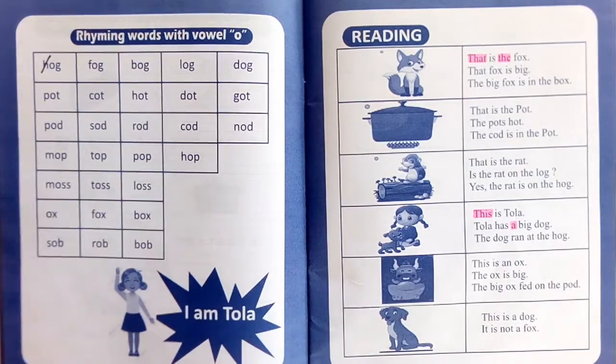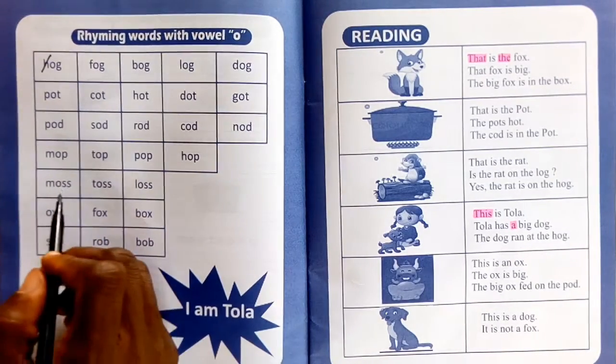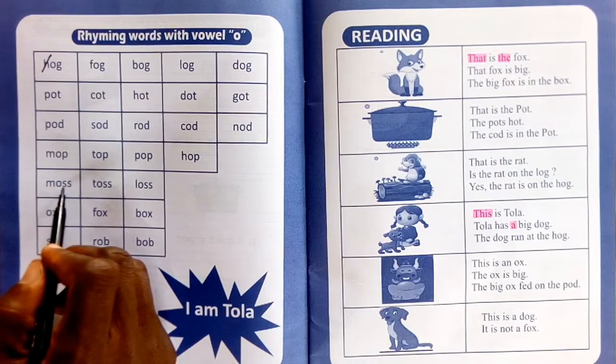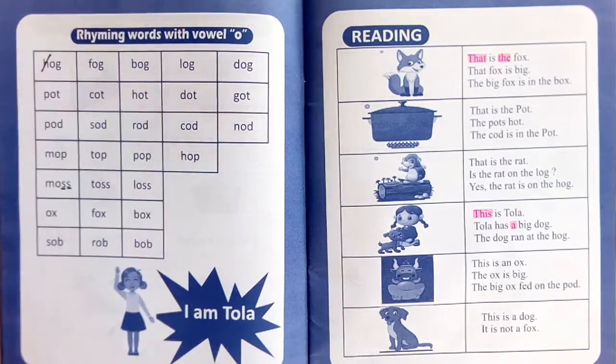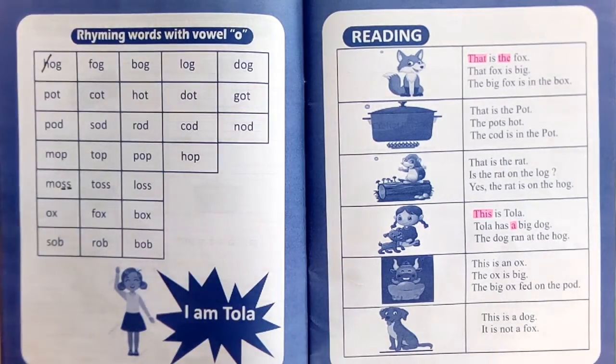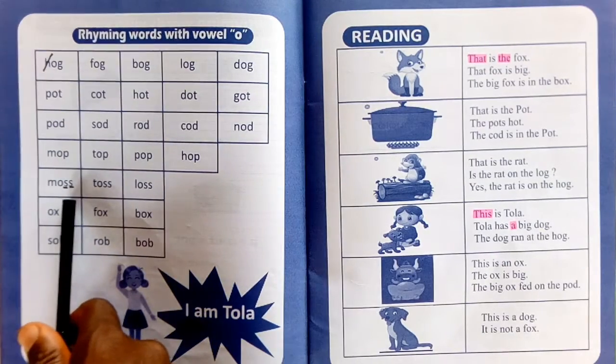In this one, we are having 2 sound C, 2 of them following each other, so we call them as just one.